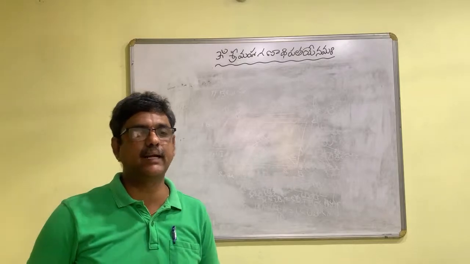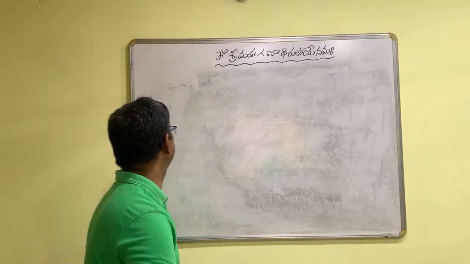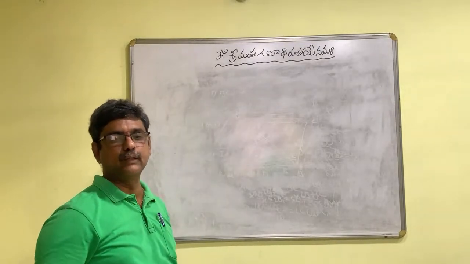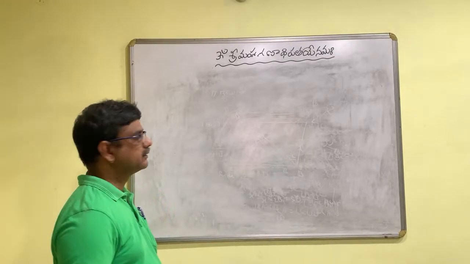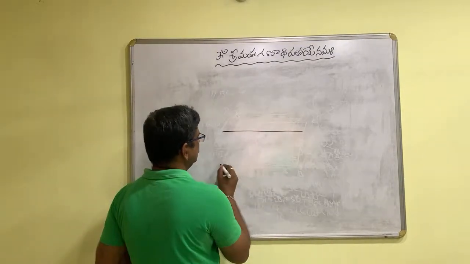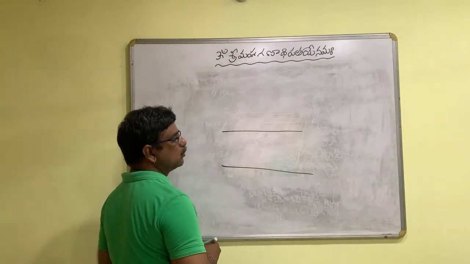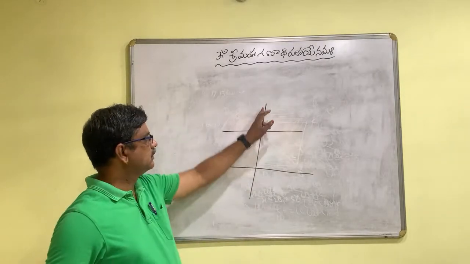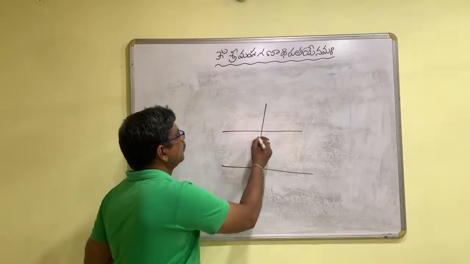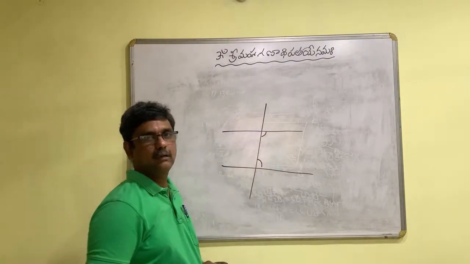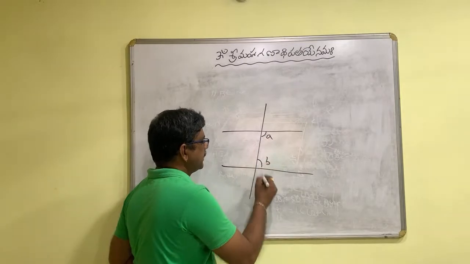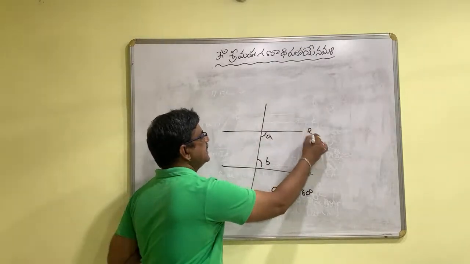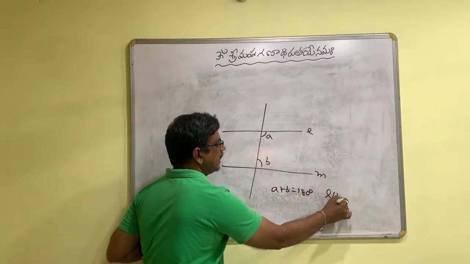That is what I am going to prove now. Do you all remember Euclid's fifth postulate? I will say it once anyway. What did Euclid say? There are two lines and a transversal. These two angles, angle A and angle B, if their sum is 180, the lines are parallel.